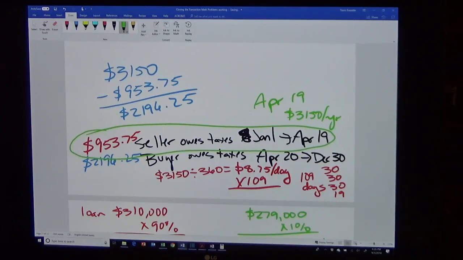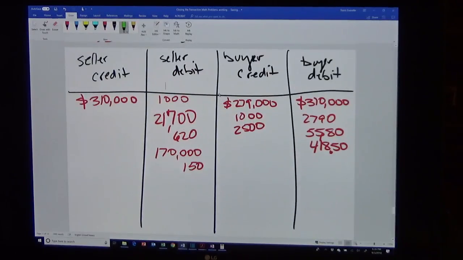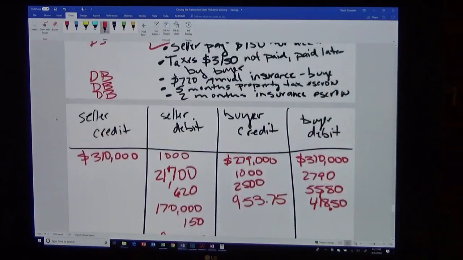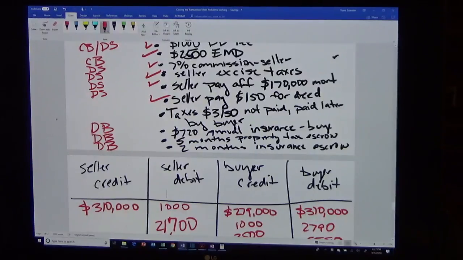So $953.75 is going to be a seller debit and a buyer credit. And that takes care of the property taxes. Okay?